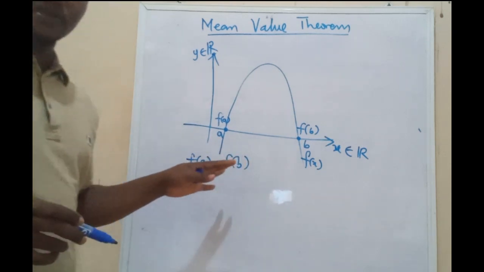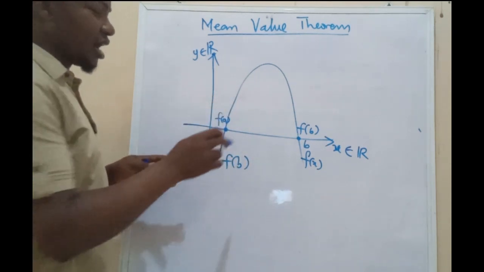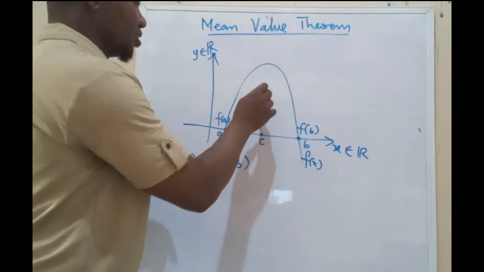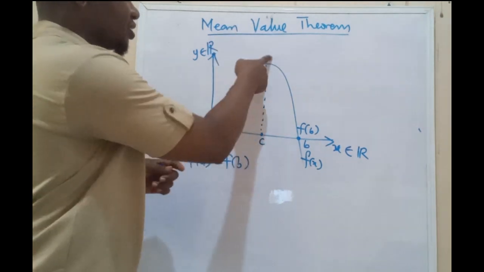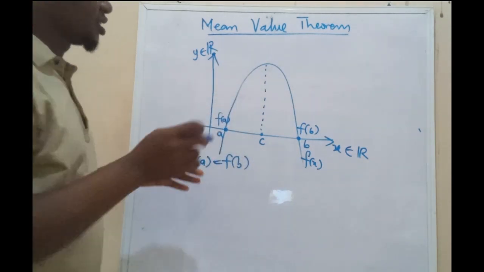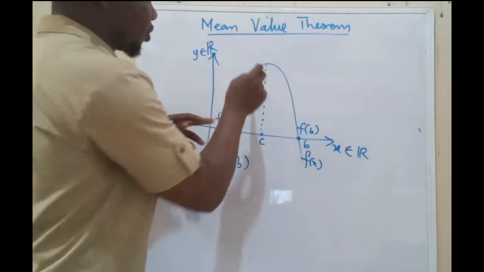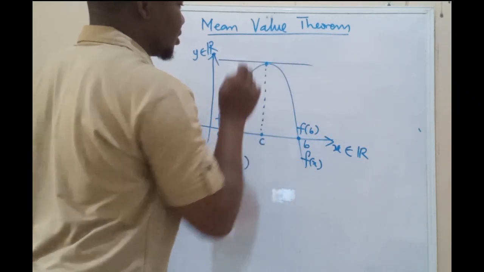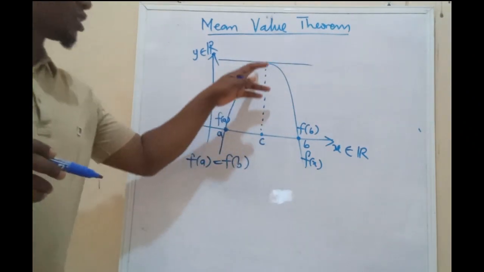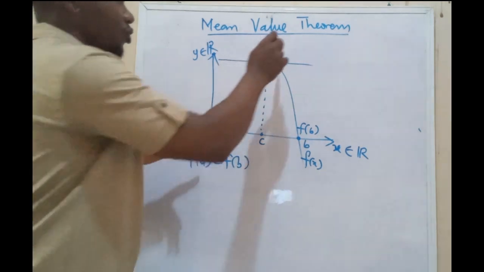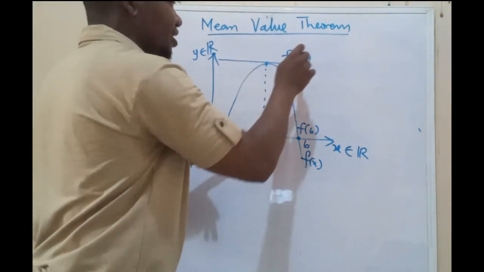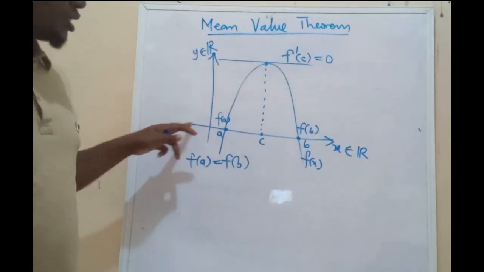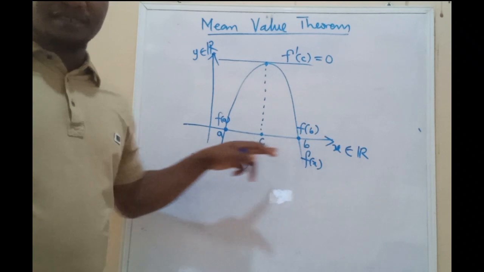So if this happens, the theorem says there is an intermediary point c, which is known as the specified point, where the slope f prime of c will be 0, because it will be parallel to the x-axis.